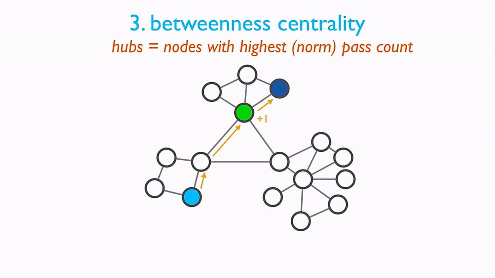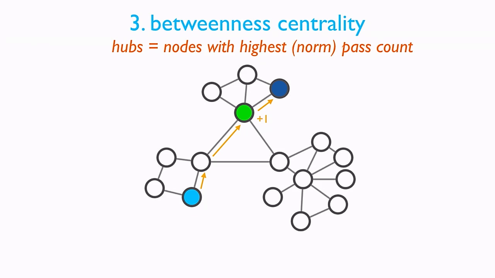We can also take that a little bit more advanced still by not just looking at the distance from one node to all of the other nodes, but looking at the level of communication, in this case computed by the shortest path length from any node to any other node in the network, and then we simply count the number of times a certain node is passed.